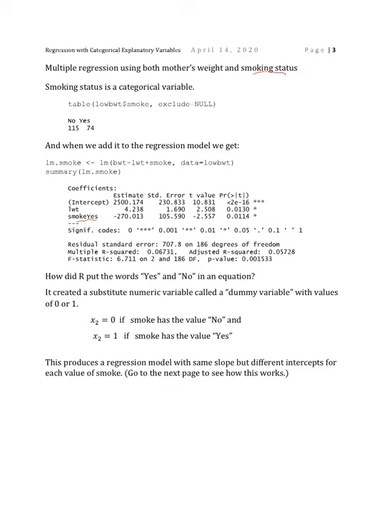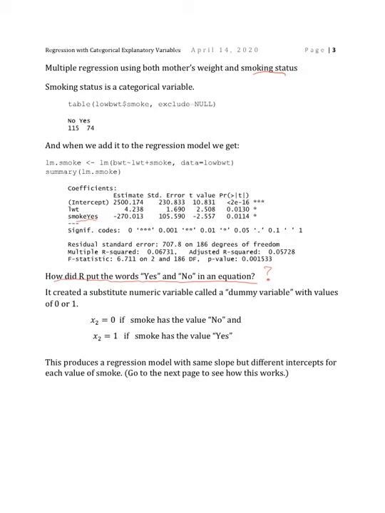So how did R put the words yes and no in an equation? What it did is it created a substitute numeric variable. Really, only numeric variables can go in regression.